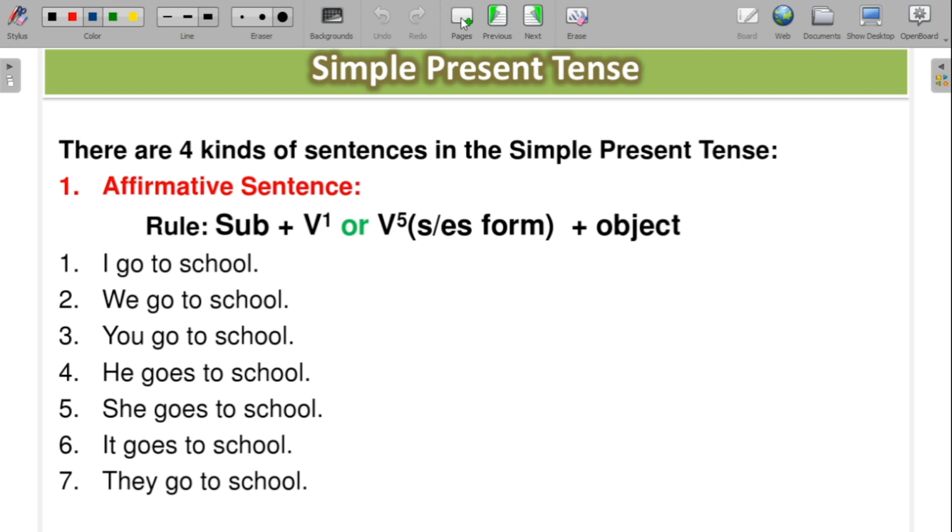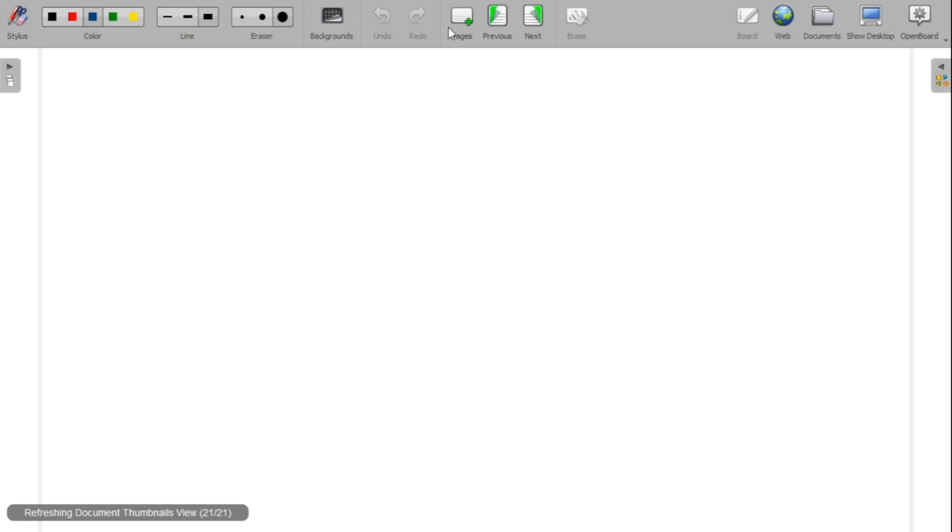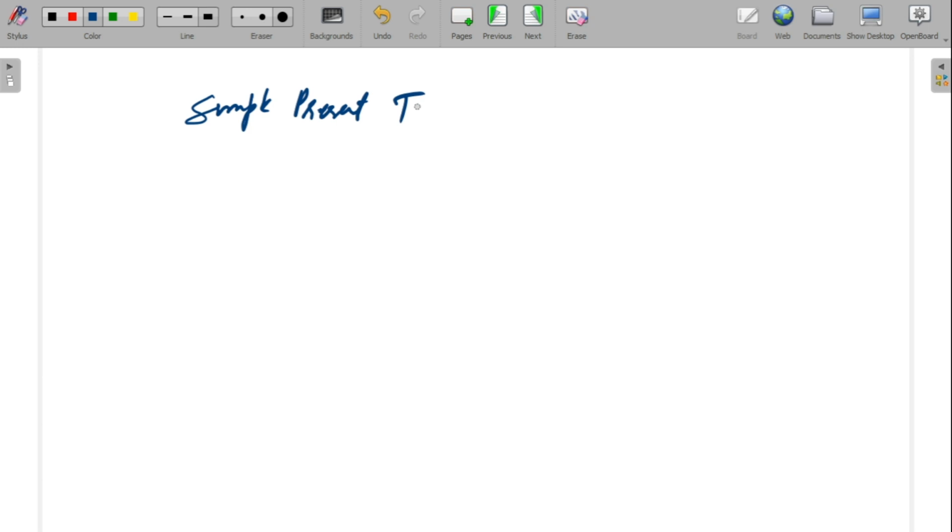Let's take a new page. Simple present tense is divided into four types.